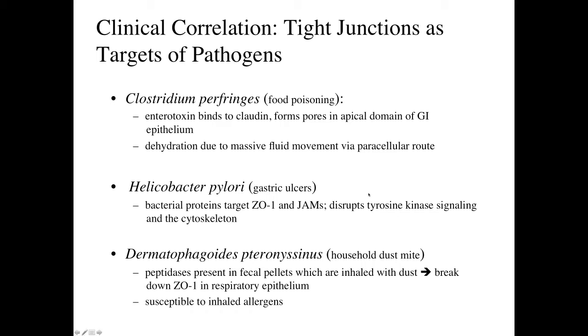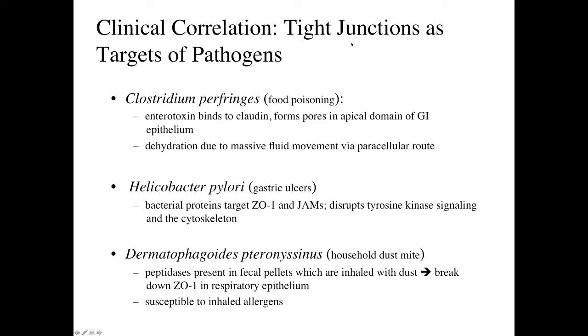And finally, the common household dust mite, and I'm not even going to attempt to pronounce the scientific name, but there are peptidases in the fecal pellets of these organisms that when you inhale the fecal pellets with dust, the peptidases break down the zonula occludens in respiratory epithelium, and that makes individuals susceptible to a variety of inhaled allergens.